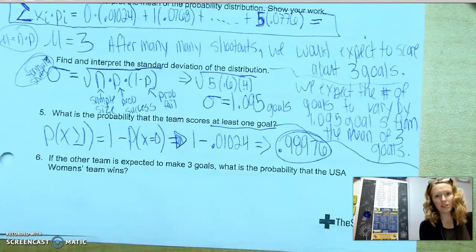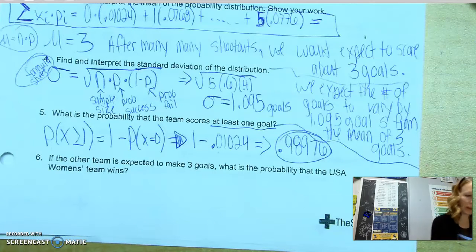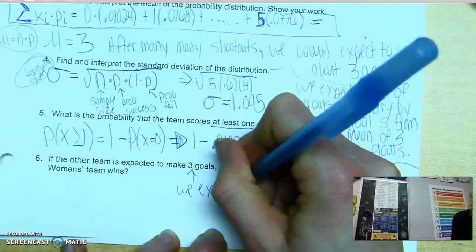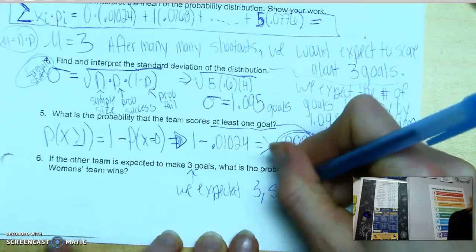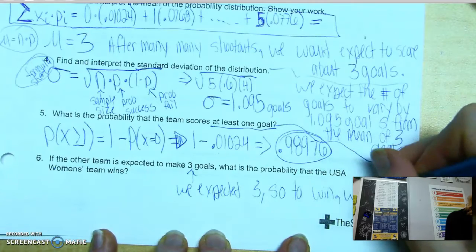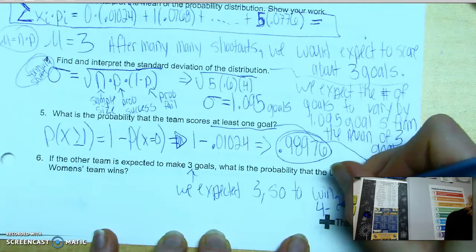If the other team is expected to make 3 goals, what is the probability that the USA women's team wins? So we expected 3, right? So to win, we need 4 to 5 goals, right?